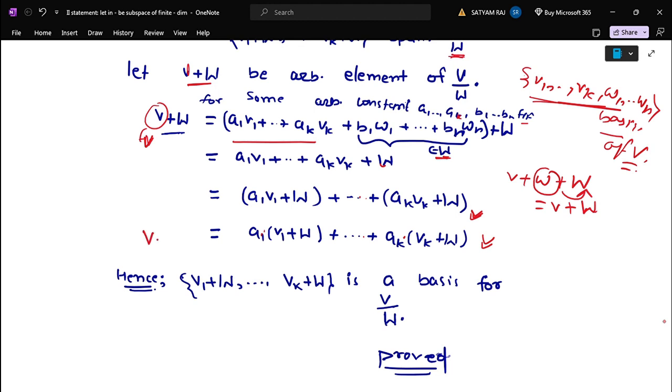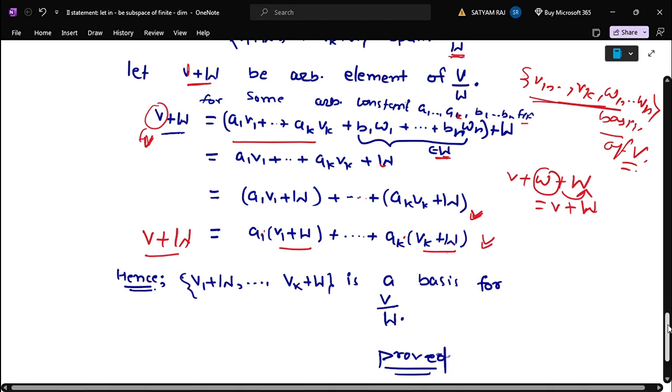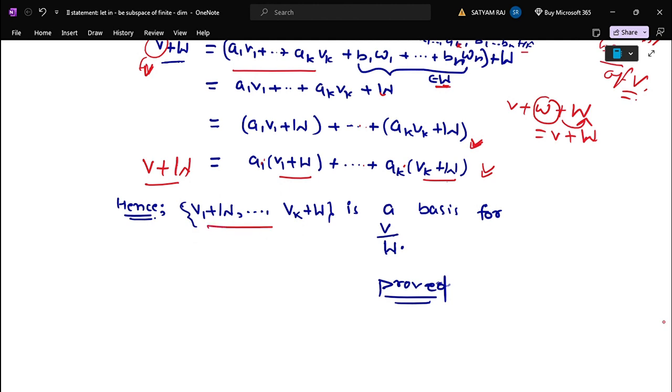So for any element v + W, we can write this element as a linear combination of v1 + W, ..., vk + W, and these elements span the whole vector space V/W, and this was linearly independent. It means it is a basis, and our aim was to show that this is a basis. Okay, so we have proved it here.